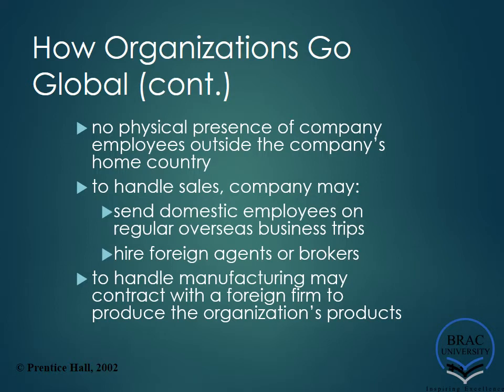That means these employees are sent on a regular basis for business trips to work things out with the other party, or the agents or dealers residing in a different country, but they are not going to be sent to live in a host country. In order to do more in-depth sales work, the company usually will hire a foreign agent or a broker. To handle manufacturing, many contract with a foreign firm to produce the organization's product.